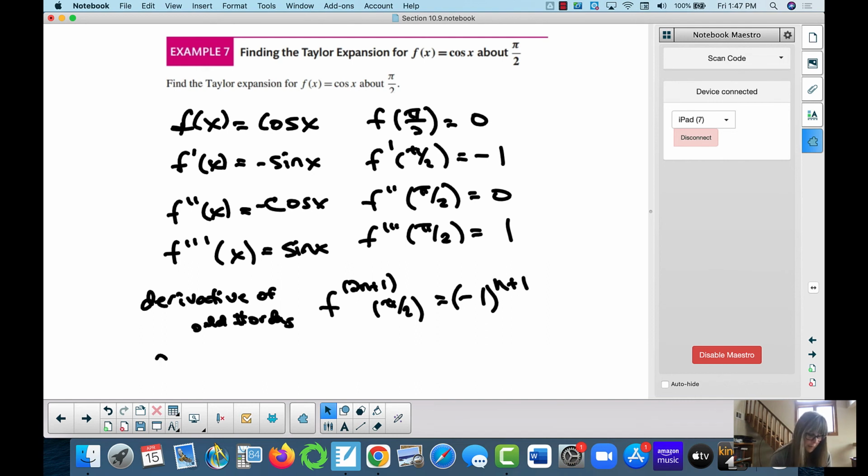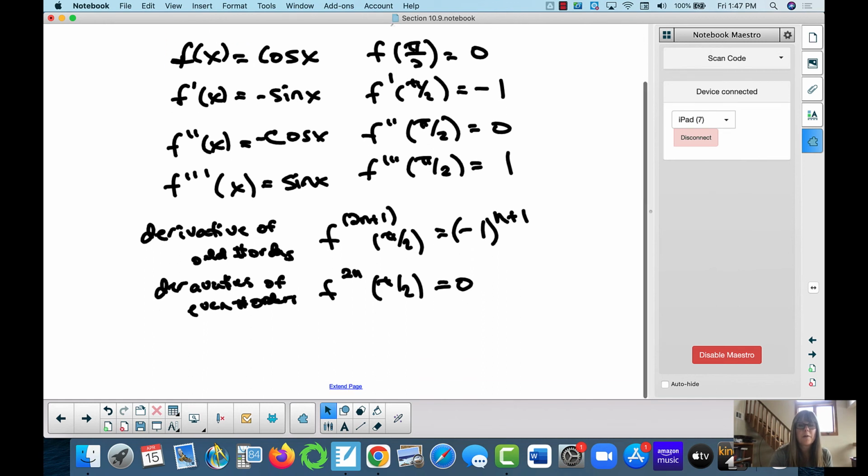And then anytime we have derivatives of even orders, we get 0. So f of 2n of pi over 2, that represents all the even orders of derivatives.